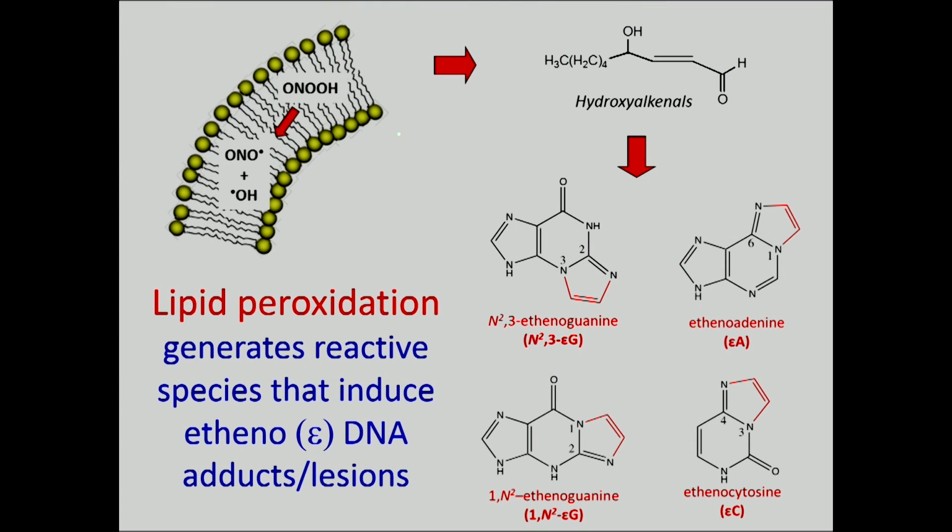So this lipid peroxidation that's induced by reactive oxygen and nitrogen species forms these alkylating chemicals, hydroxyalkanols, that can attack DNA. So we have attack of DNA at guanine in two different positions, producing two different ethenoguanine lesions. Sometimes I call them adducts, sometimes I call them lesions. Ethenoadenine, ethenocytosine.